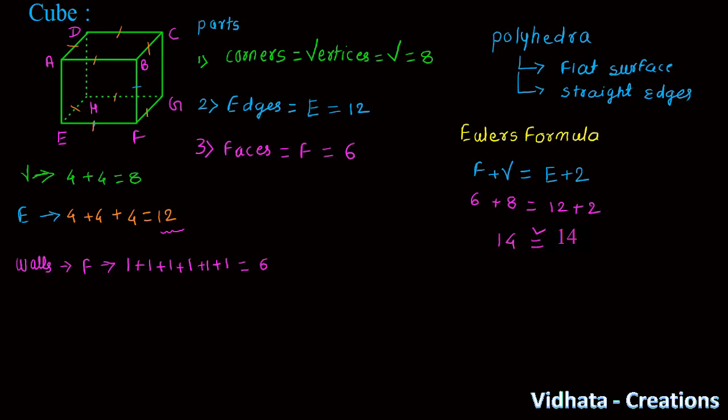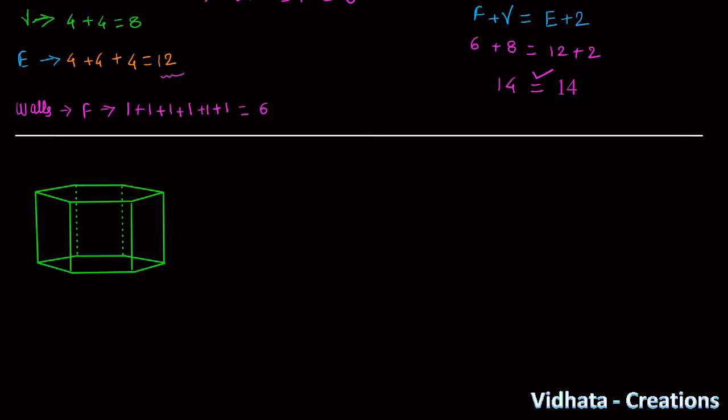Now let us take one more figure to check whether Euler's formula also holds correct for any other polyhedra type of figure or not. For that purpose, let us take one figure. Now observe this figure. First of all, let's carry out the naming again.